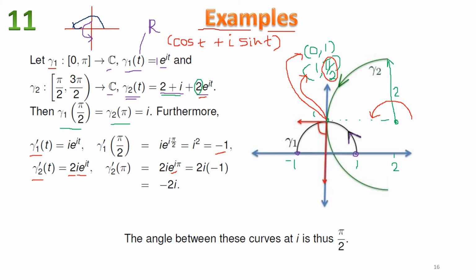So here the first tangent, gamma 1 dash, is in this direction, and the second tangent, minus 2i, is heading from this point to i distance. So this is i distance and this is again i. So that makes 2i distance. So they are bearing angle pi by 2. So the angle between the two curves is pi by 2.